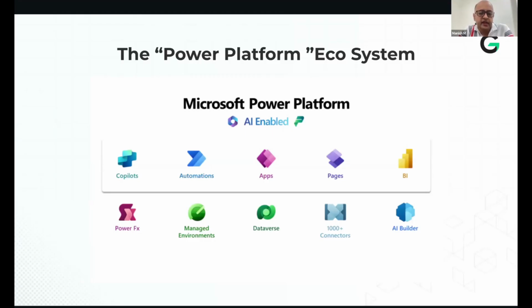The next is connectors. Connectors are the way through which you can connect to any external applications. If I want to connect to Outlook, Teams, SAP, or Salesforce, for each one of these systems there is an inbuilt connector provided in the platform.